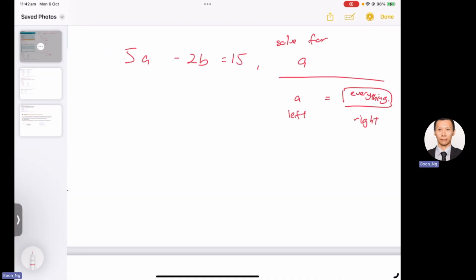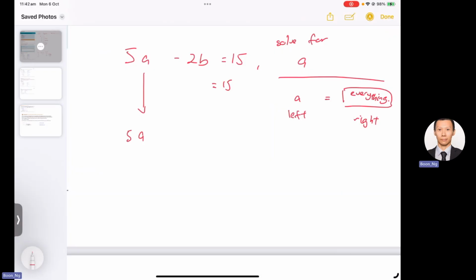So when we look at this, what we need is a here. Of course, we have 5a, so we just copy down, equal 15. 15 is already on the right, so we just copy down.